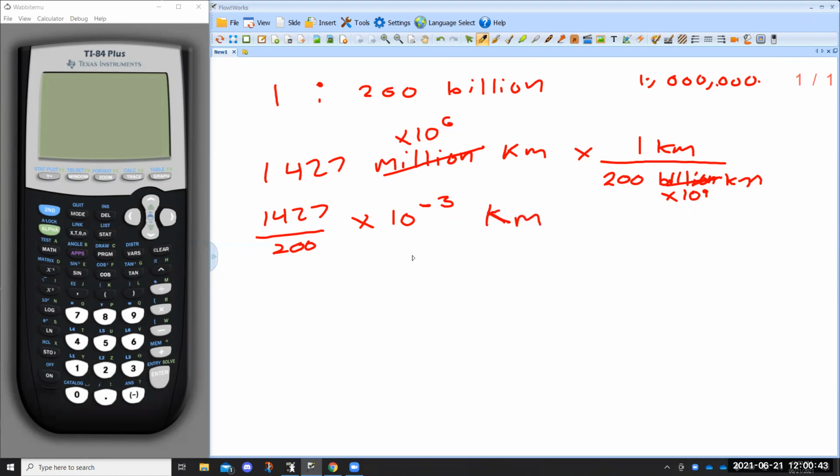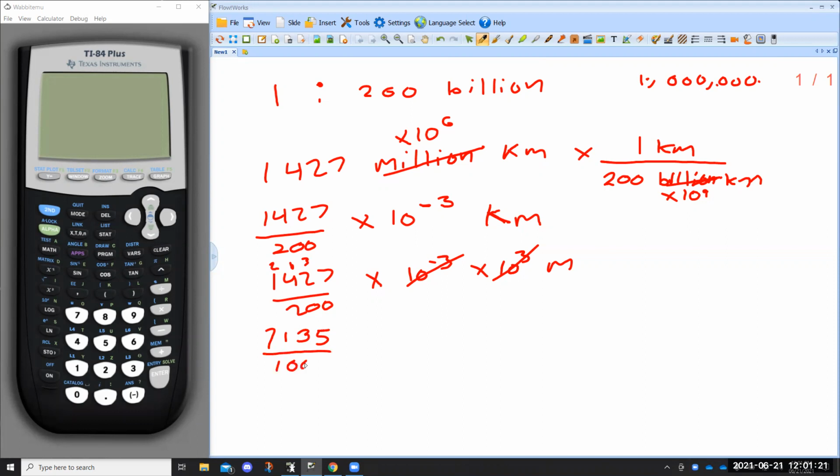Kilometers. But kilometers are ten to the third meters, so those are going to go away. So let's just change this so that this is in thousands here. It's just going to make it easier for me if I multiply top and bottom by 5 to do this without a calculator. 7,135 over 1,000.